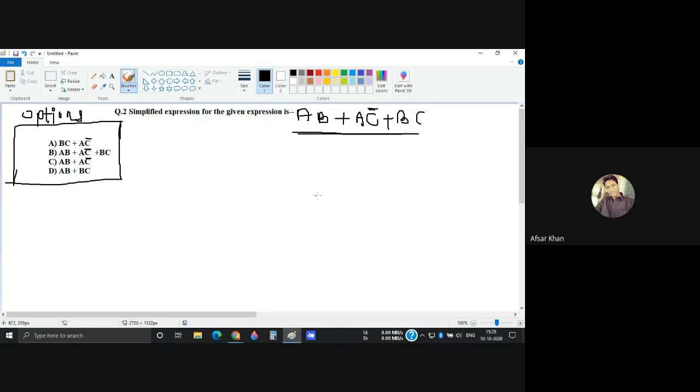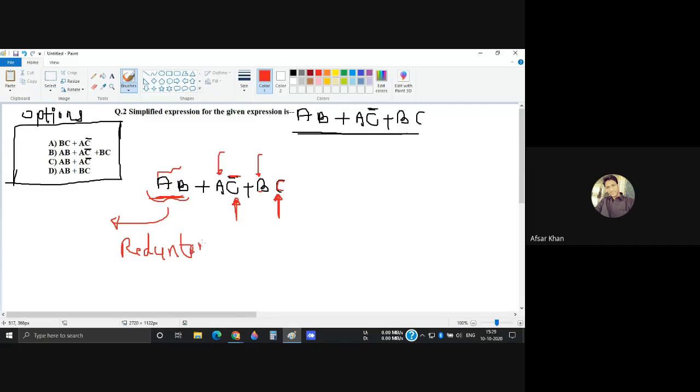Consensus theorem is that if you have this expression, and there are complements, C bar and C, in two terms, and in another term we have the combination of the other variables, suppose A and B. See here, this is A and this is B. This is the combination of A, B, and here C bar and C. If we see such an expression, in that case this AB is redundant, and it can be ignored.